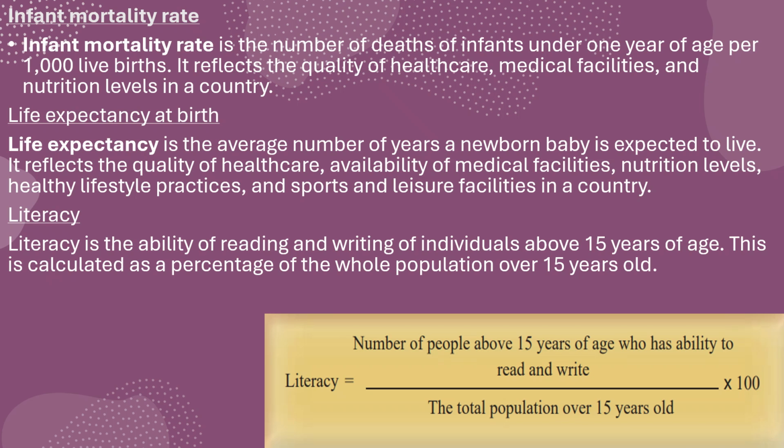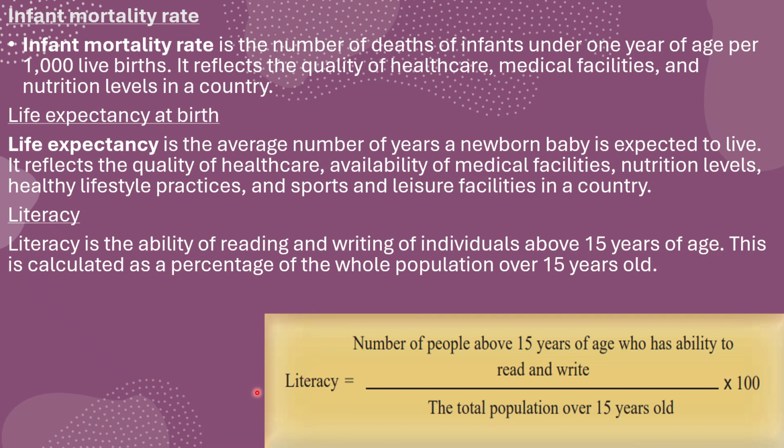Literacy. Literacy is the ability of reading and writing of individuals above 15 years of age. This is calculated as a percentage of the whole population over 15 years old. As you can see here at the bottom of the screen, in this big yellow box, where my red dot is guiding you.